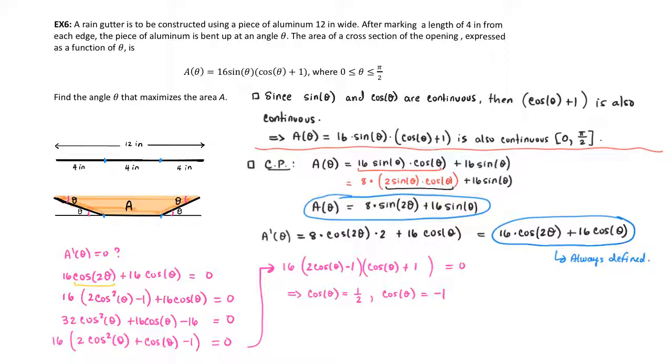So now we have to solve these mini equations right here. Remember that the interval that we're working with is between 0 and pi over 2. So we have to figure out when cosine theta equals 1/2. Within this interval, that is going to happen when theta is equal to pi over 3.